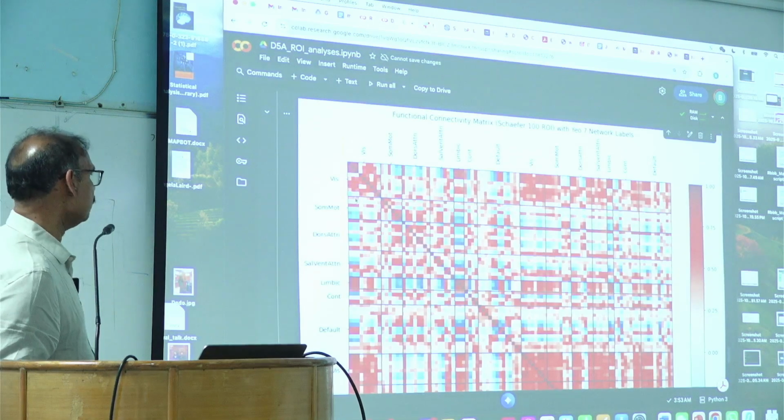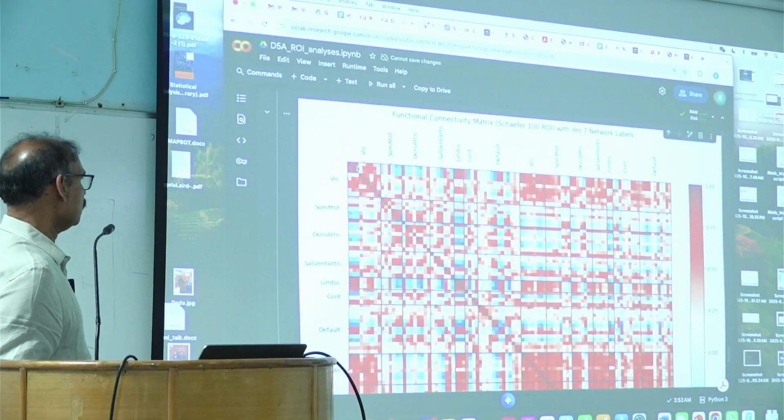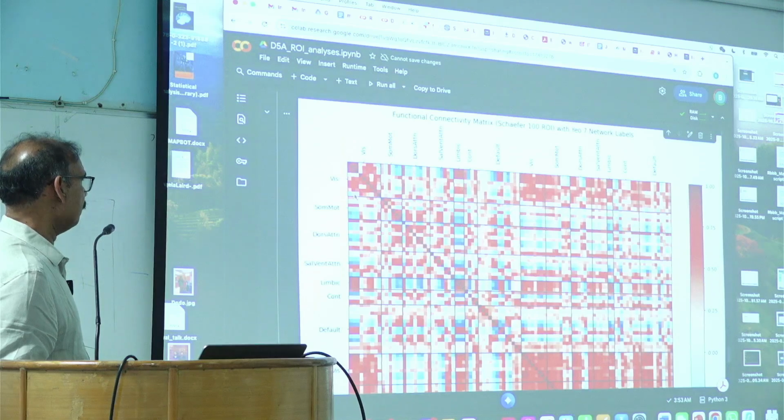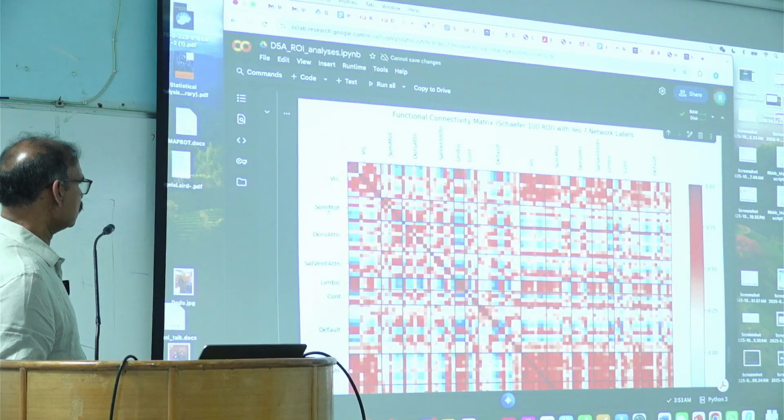You can see this is the visual region, which is more connected to itself, so this is higher, right? This one is also related. So: visual, somatomotor, dorsal attention, salience, ventral attention, limbic, default mode.